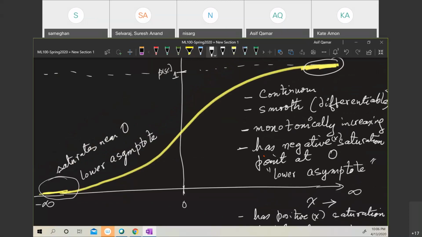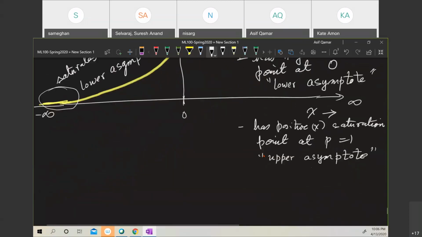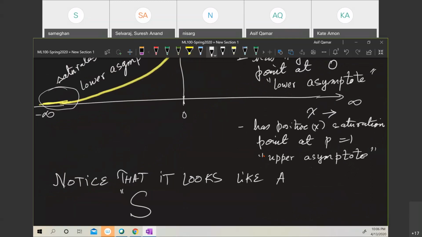Now, something peculiar I'll tell you, or a way to remember: think of this as S. Notice that it looks like a stretched out S. If you pull this and this in the other directions, it is stretched out, isn't it?